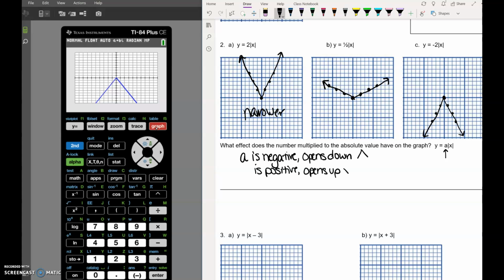So down versus up. We also notice that larger numbers make narrower graphs. So if A is larger than 1, it's steeper or more narrow. If A is smaller than 1, like a fraction 1/2, 1/4, whatever, it is wider, or that right side is less steep.